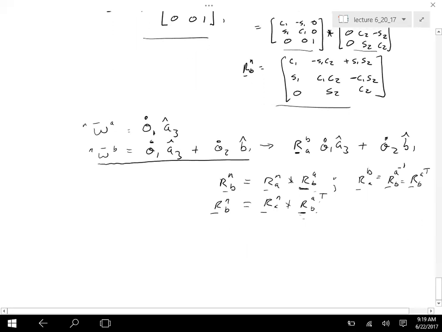You've already done that in review. I pre-multiply both sides by the inverse of my projection from A to N. So my next equation is the inverse of the projection of A to N times the projection of B to N is the A to N inverse.